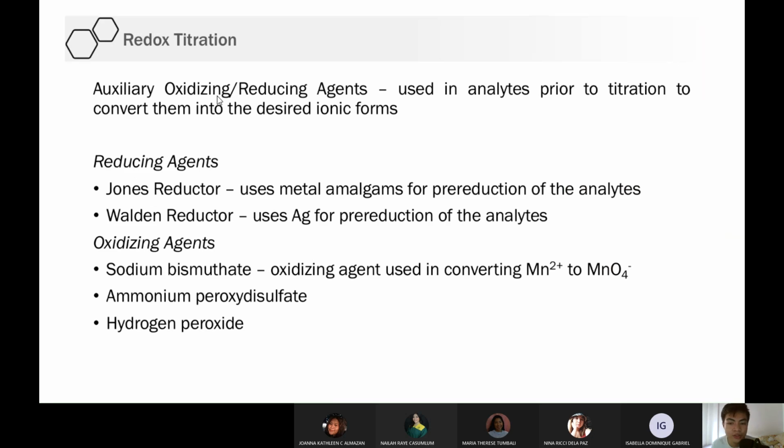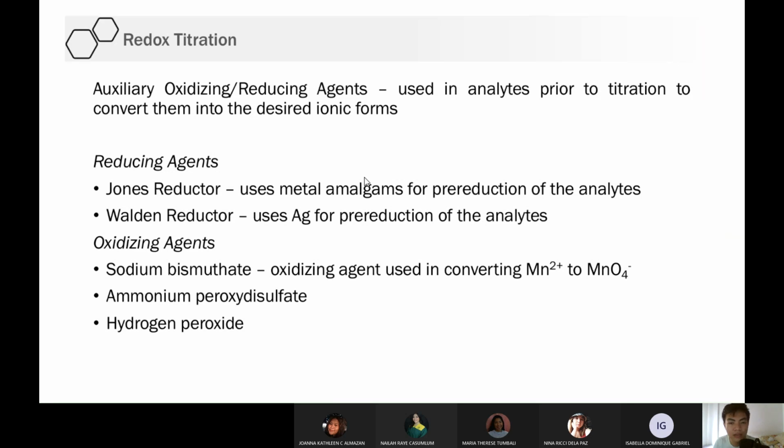And also, before you start titrating, you have to use auxiliary oxidizing and reducing agents. So what are these auxiliary? So these are used to convert the analytes into the desired form. The problem with redox titration kasi is that in the presence of air, our substances may react with it. For example, yung ating bakal, kinakalawang yon in the presence of water and the air because the air oxidizes the metal.